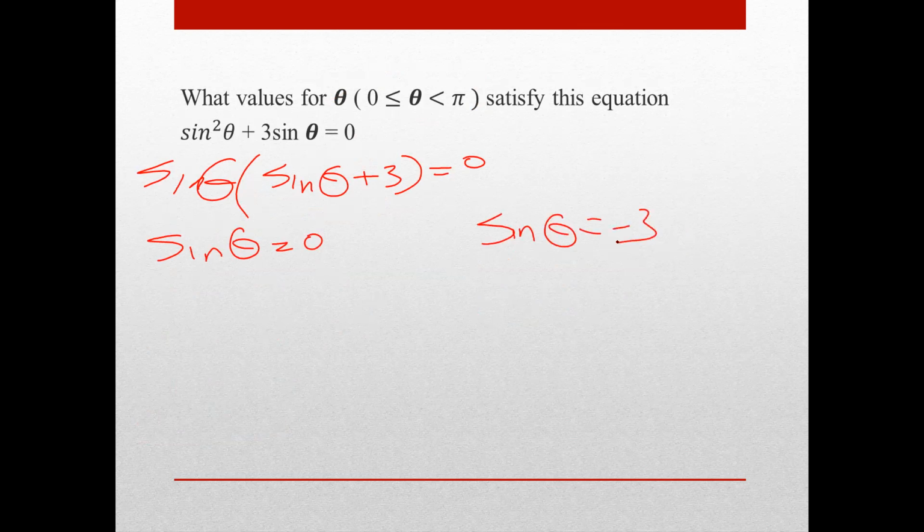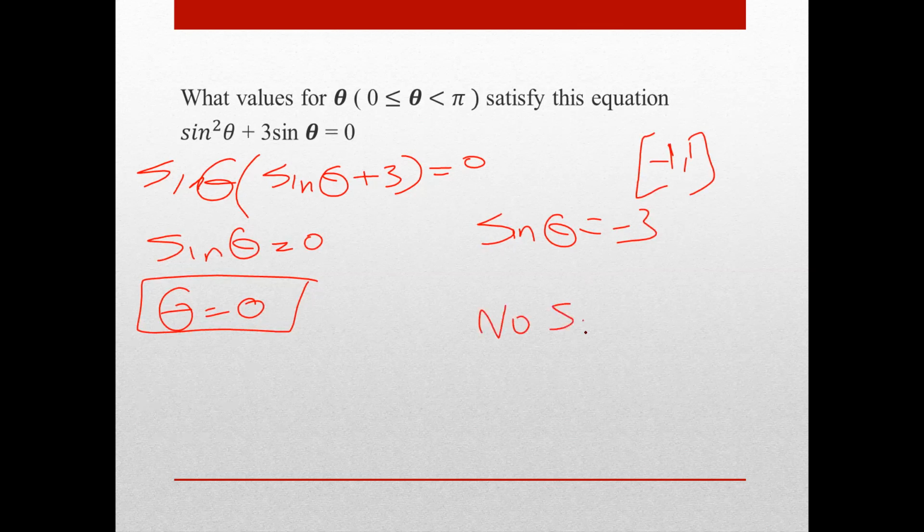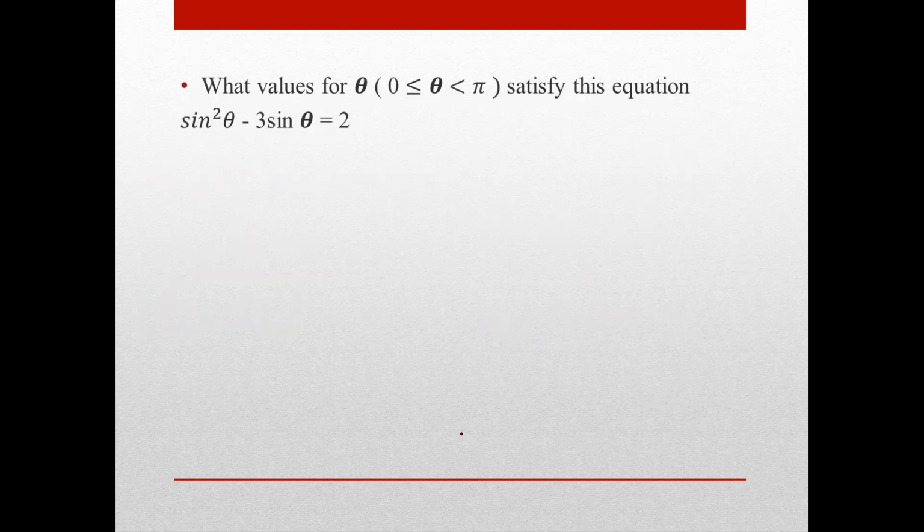Sine theta equals 0 at 0. Sine theta equals negative 3: I told you that the range of sine is from negative 1 to 1, so there's no value for negative 3. So I say no solution.